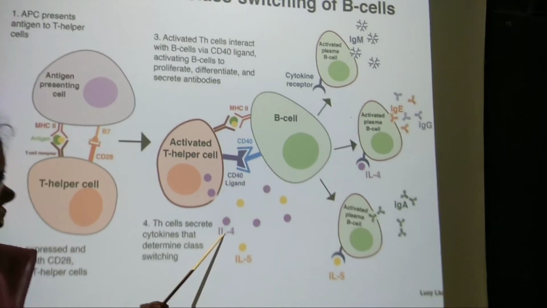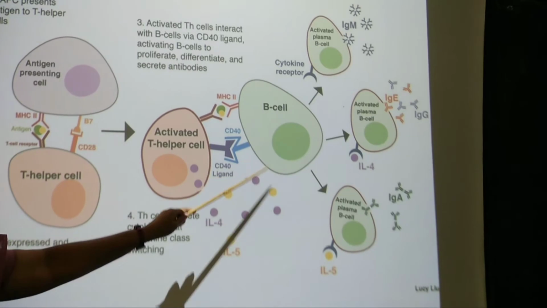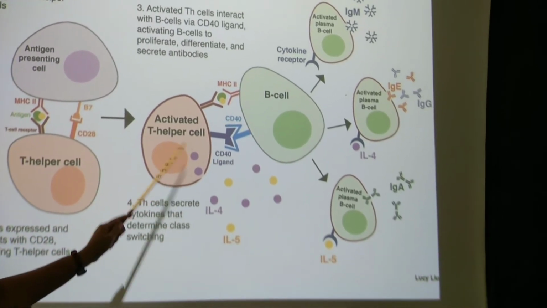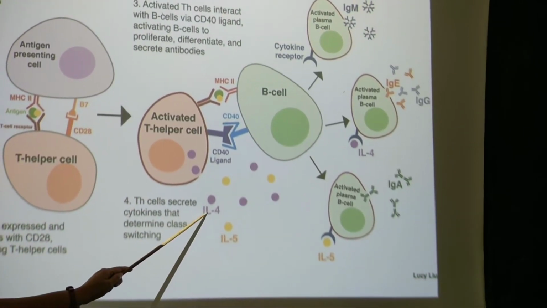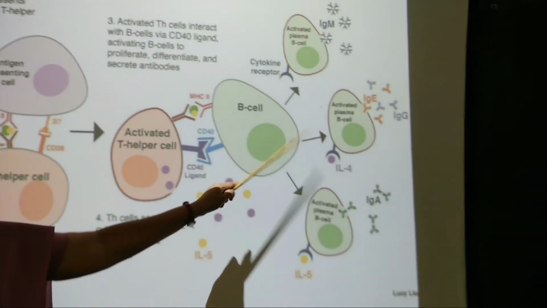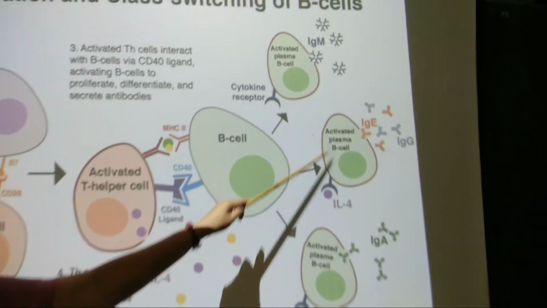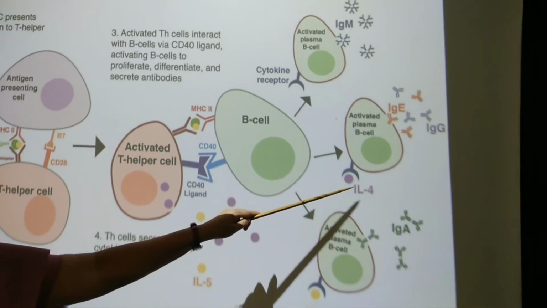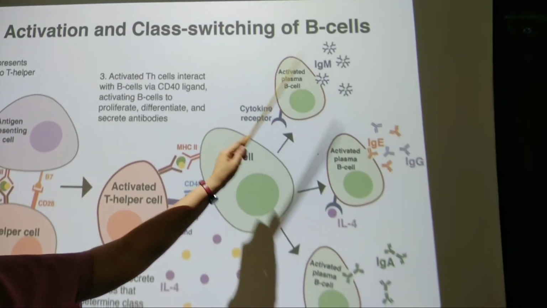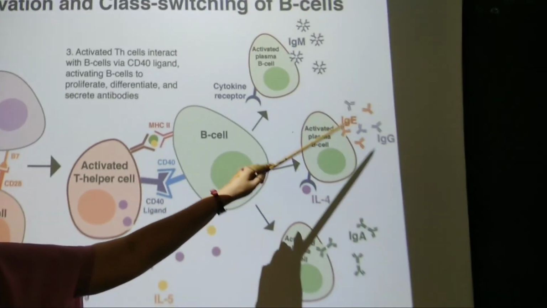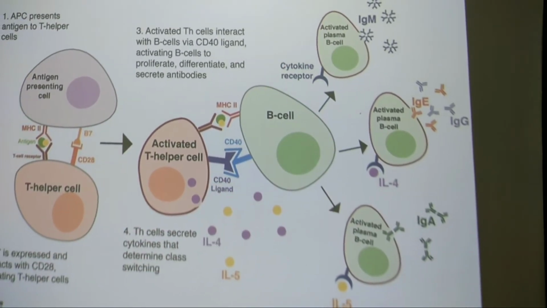You see, in the presence of interleukin 4, suppose the activated T helper cells produce interleukin 4, what type of switch is taking place? From IgM, the IgG antibody and the IgE are produced.